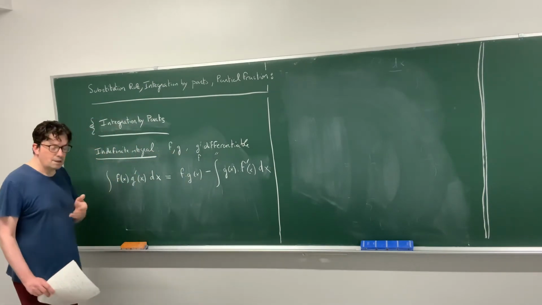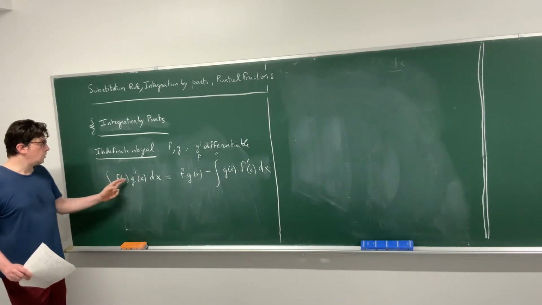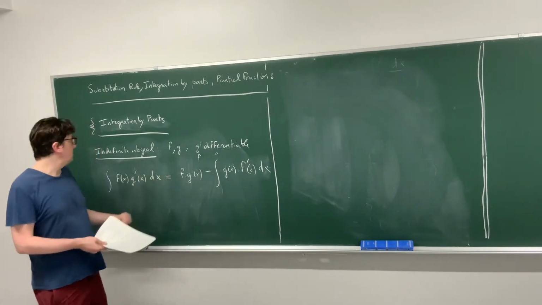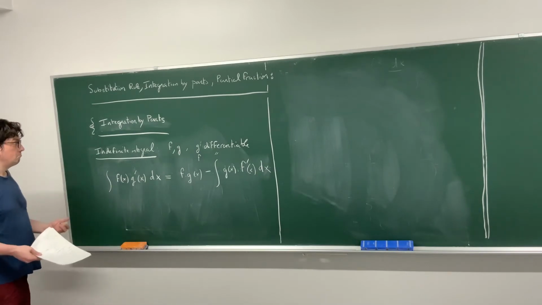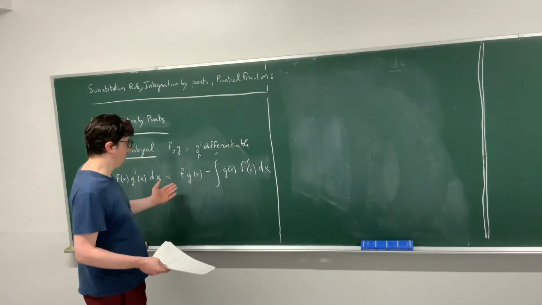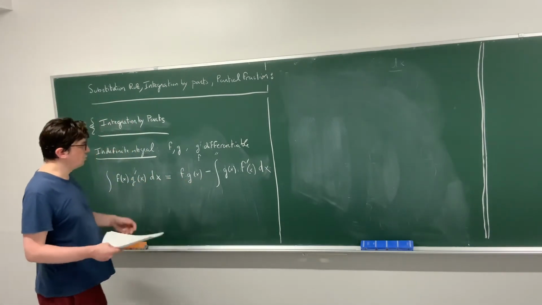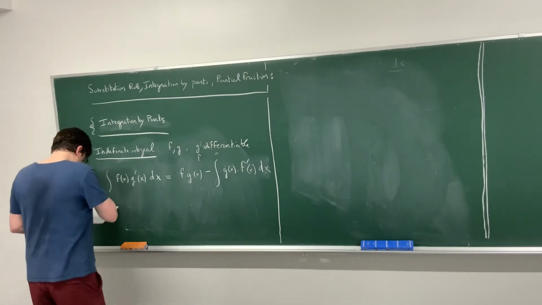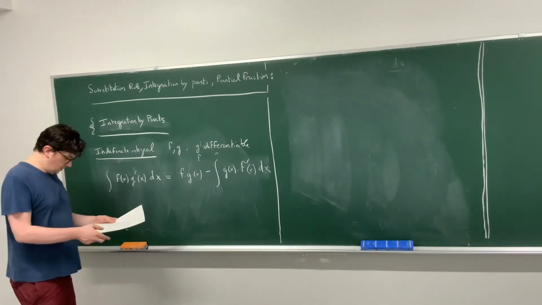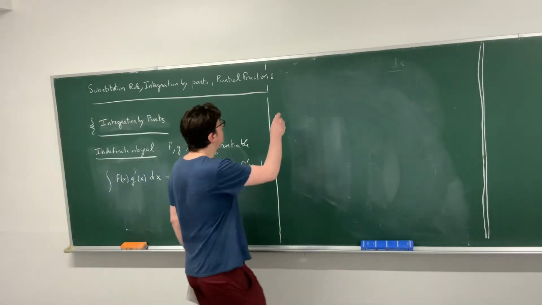But sometimes you will know both antiderivatives of the two terms, so there is sometimes a choice in how to apply the integration by parts formula. If you know both antiderivatives, then you have a choice. So you try both, and sometimes one is easier than the other. So, for example, let's see an example here.